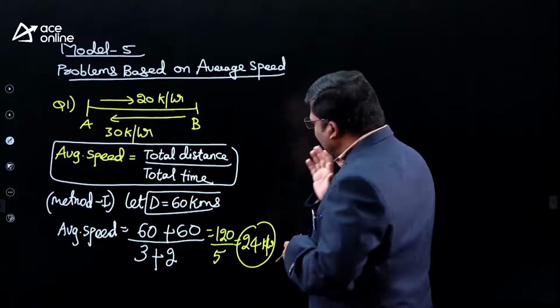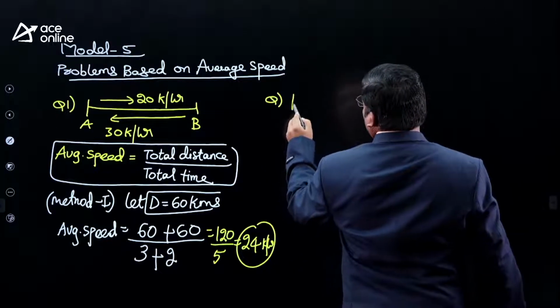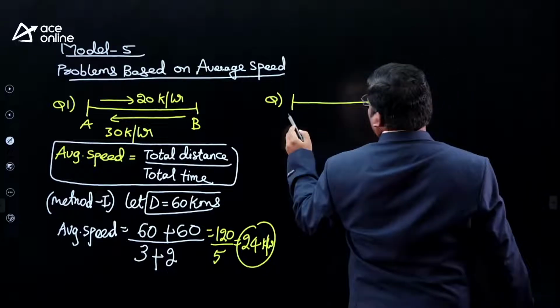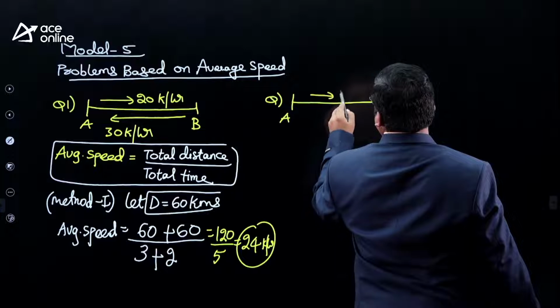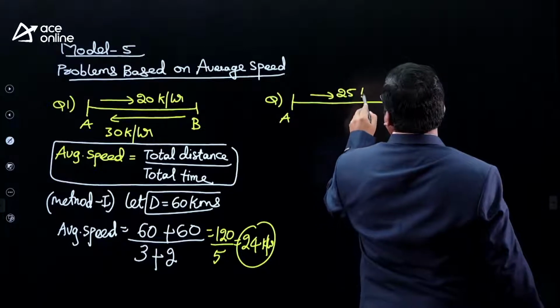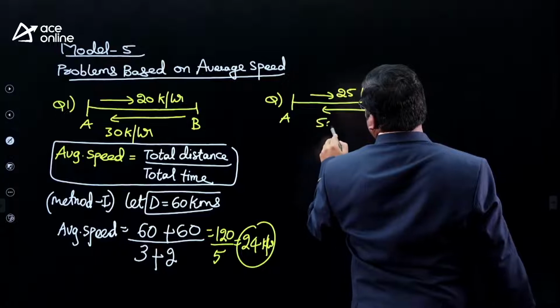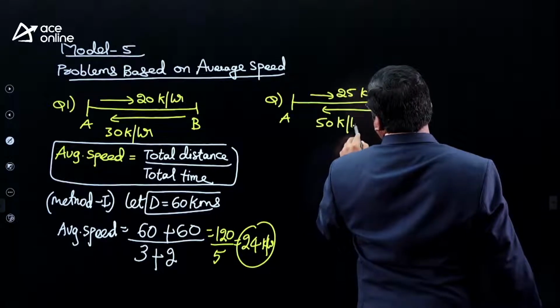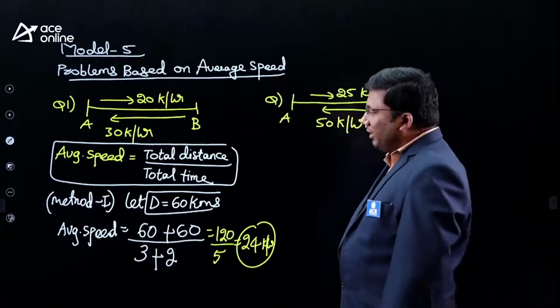First method clear, right? I will do the next method after you solve one more problem. The more you practice, the more comfortable you will feel. A to B, it is 25 kilometers per hour, and B to A, 50 kilometers per hour.